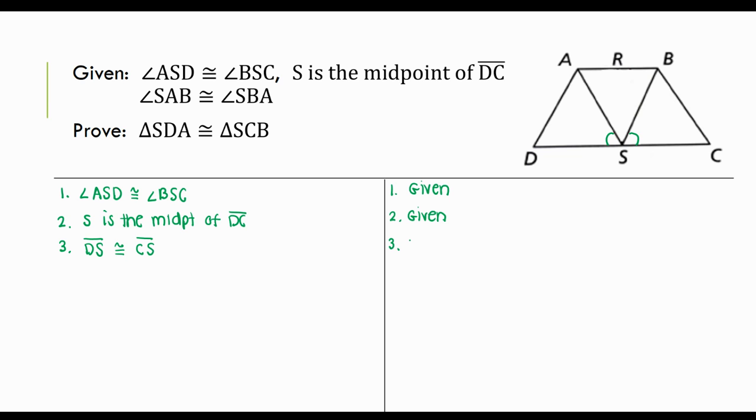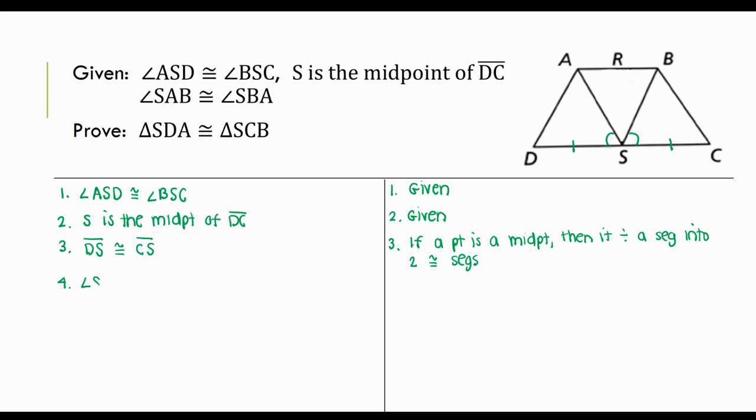So why do I know that they're congruent? Well, if a point is a midpoint, then it divides a segment into two congruent segments. And then I can mark my picture. Okay, we have one other given.